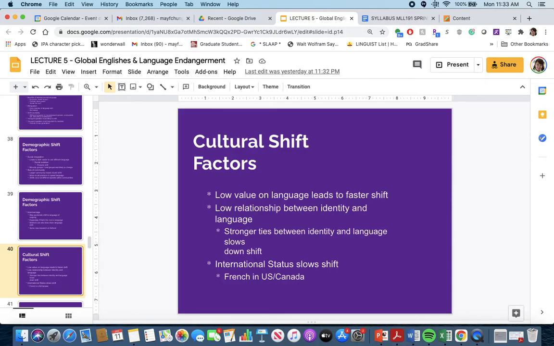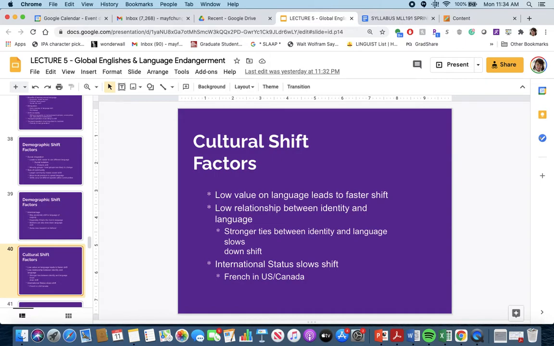And the stronger ties you have with your identity also slows down the shift. So if you have Germanic roots, and you're very closely identified with your Germanic roots or your Polish roots, you're more likely to delay a language shift and to maintain it a little bit longer.